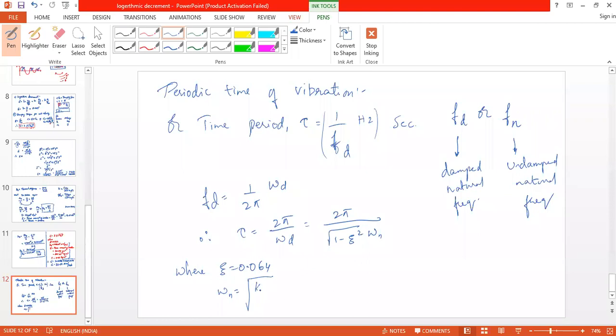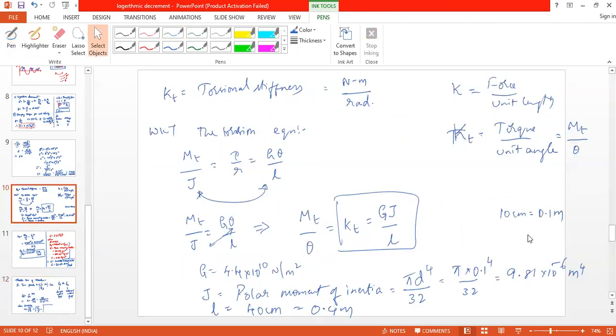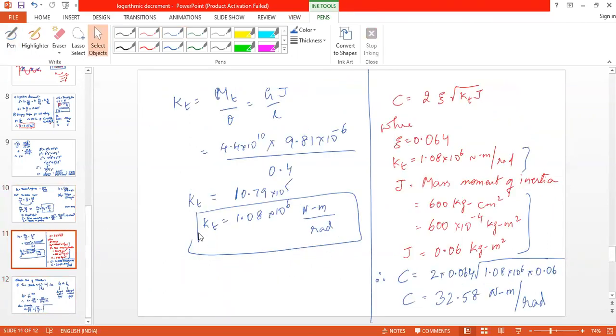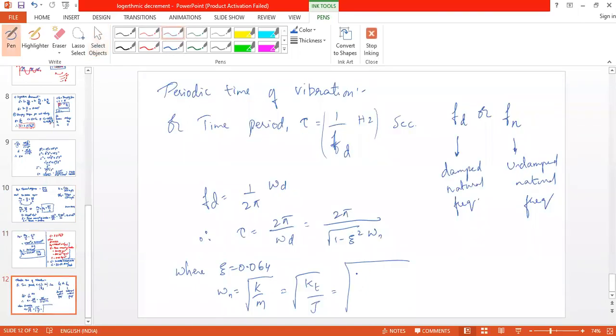Root of K by M is for a linear system, and for a rotary system it is KT by J. J is mass moment of inertia. That is equal to root of KT by J, where KT is 1.08 into 10 power 6, divided by 0.06.